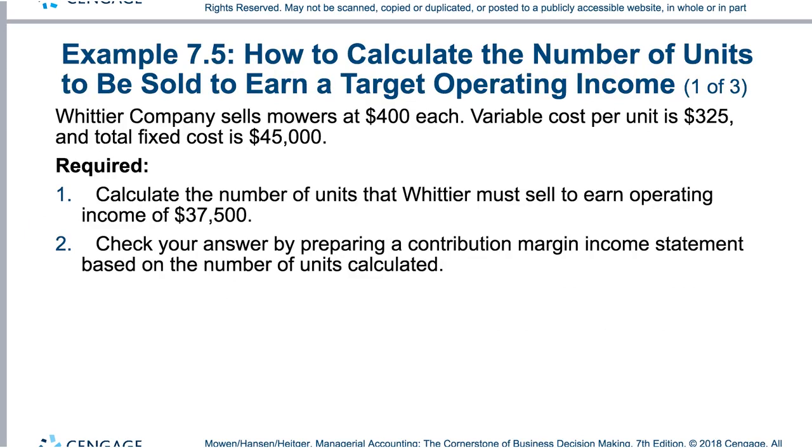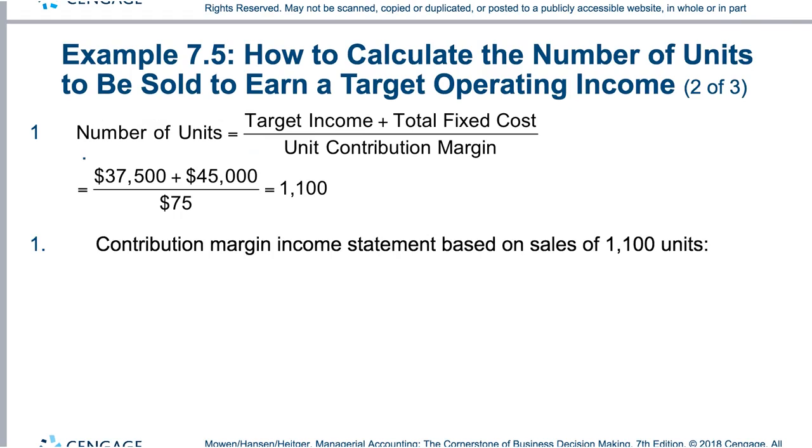In our example, we're back to our lawnmower example, where we've got variable cost of $325, sales price of $400, and fixed cost of $45, and we want to know how much we need to sell in order to make a $37,500 profit. Okay, so let's just figure that out real quick. And here is the calculation.